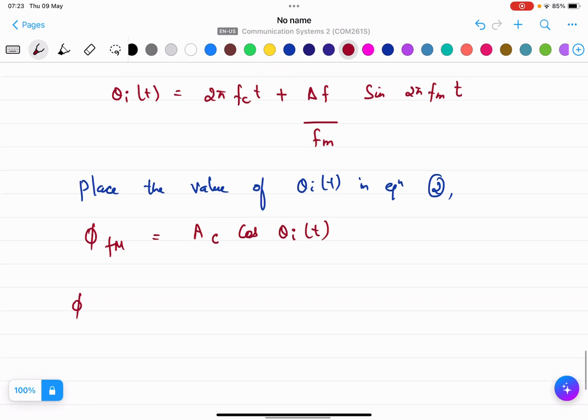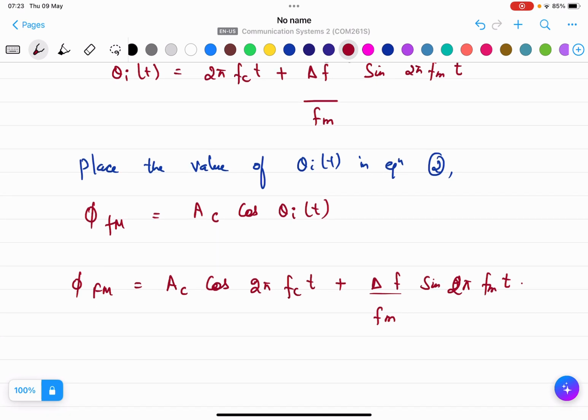So it will be phi FM equals Ac cos of 2 pi fc t plus delta f over fm sine 2 pi fm t, right?